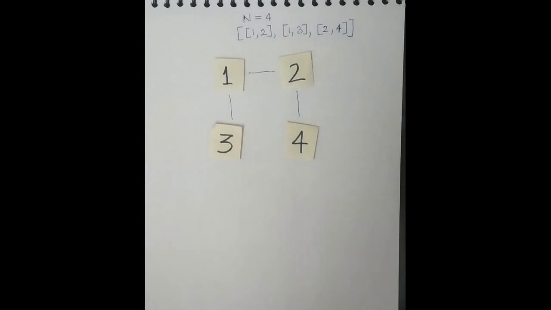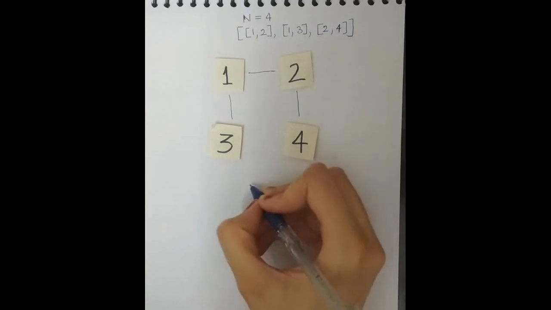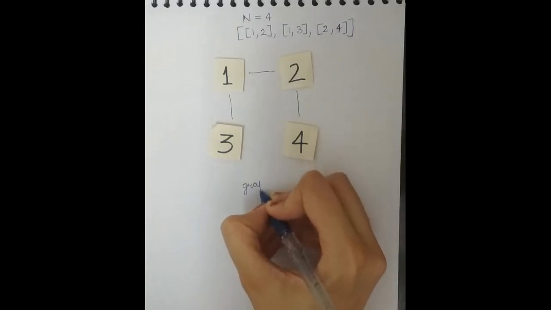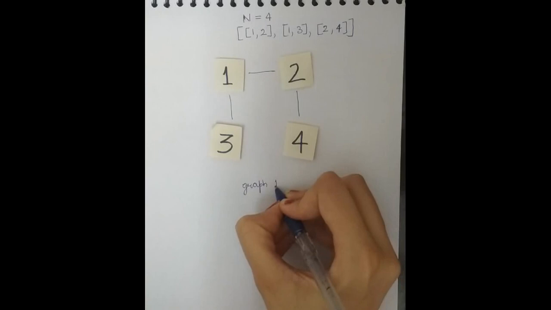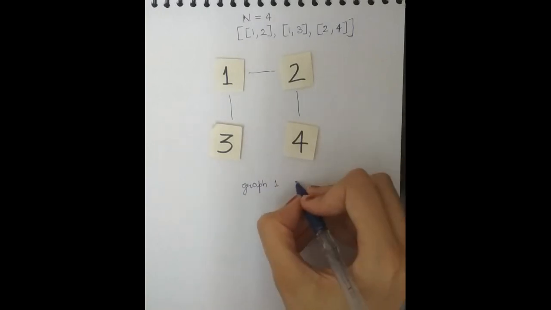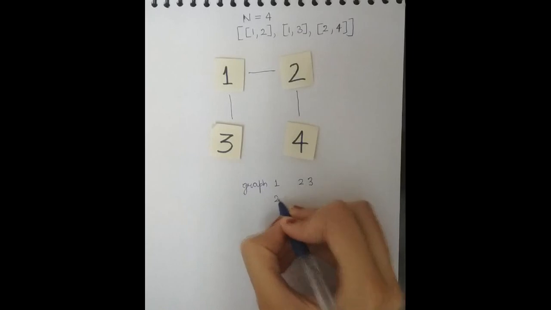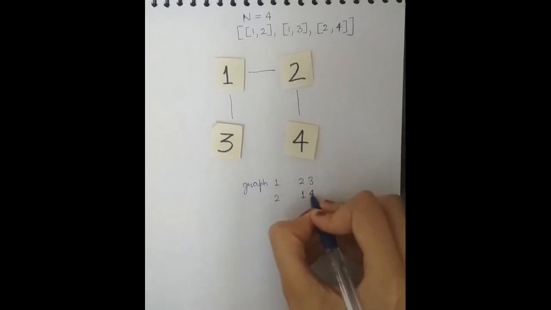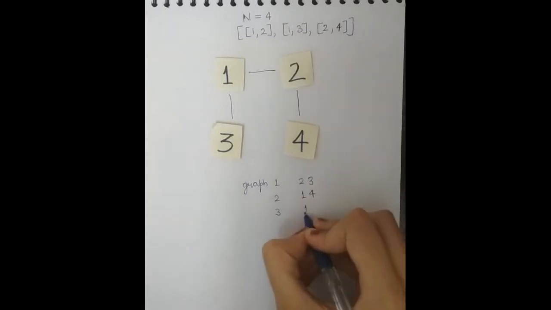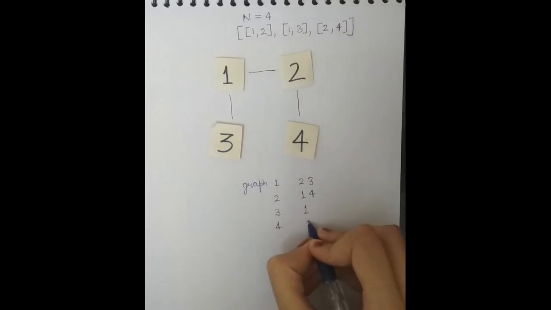So we first put values in the graph. For 1 we put in 2 and 3. For 2 we put in 1 and 4. For 3 we put in 1 and for 4 we put in 2.